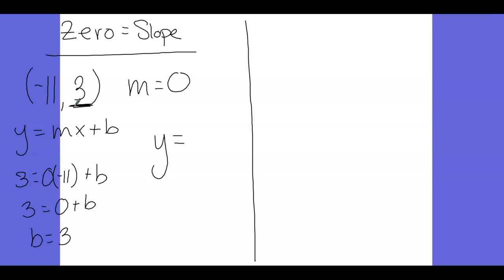But I'm telling you now, if you have a slope of 0, all you have to do is look at the y coordinate, and that's what your equation is going to be. Y equals 3. There's no x, because 0 times anything is just going to be 0. So there's no mx plus b. It's just y equals that number.